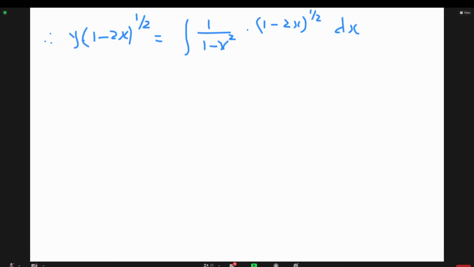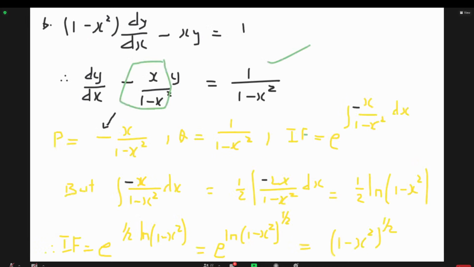hold on, I'm doing something wrong again. Let's go back. What did I do wrong here? Okay, it's 1 minus x squared to the half. See, I'm not seeing pages as you would see it. I only see one little piece at a time.